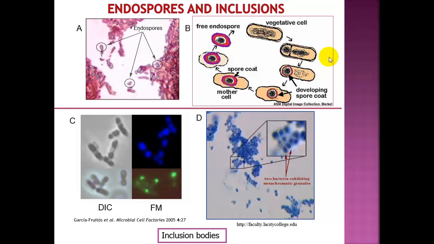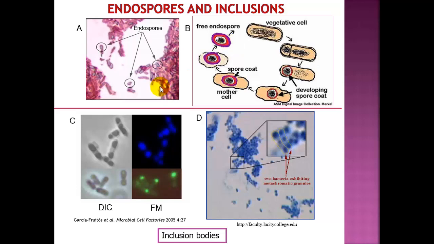The smaller part develops a spore coat, which then thickens until it finally becomes a free endospore. Endospores are resistant to heat, desiccation, and radiation. However, they can be destroyed by burning or autoclaving.